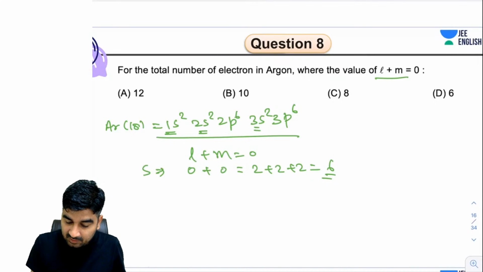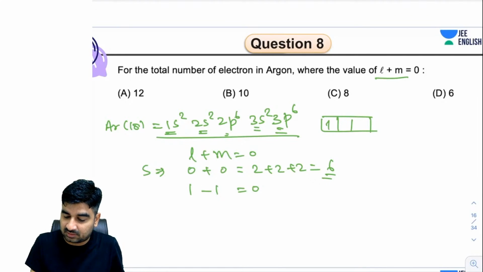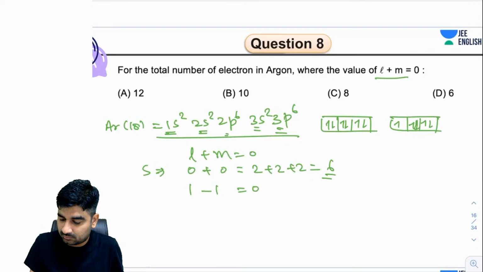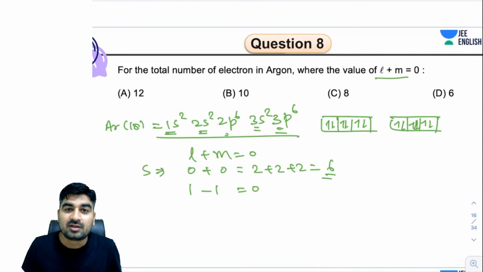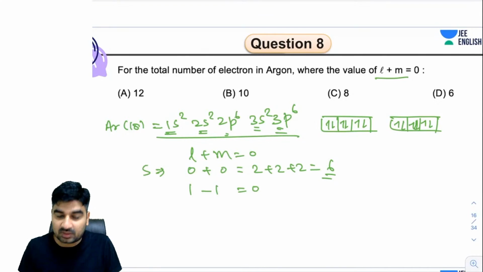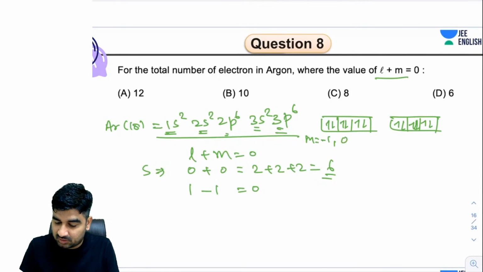Yes. If for P I take this 1, M can be minus 1. So 2P and 3P. In 2P we have this. In 3P we have this. Like this. So minus 1. So M, I can take minus 1, 0, plus 1, minus 1, 0, plus 1.